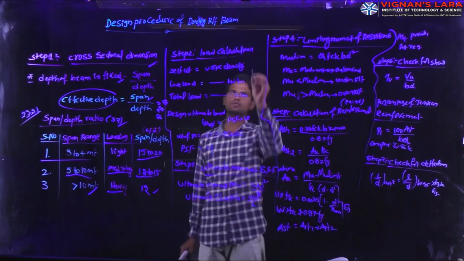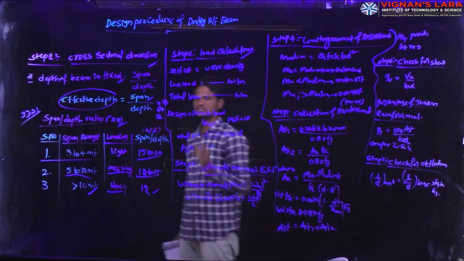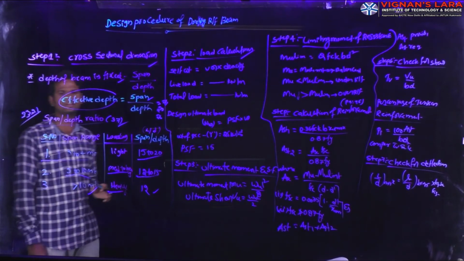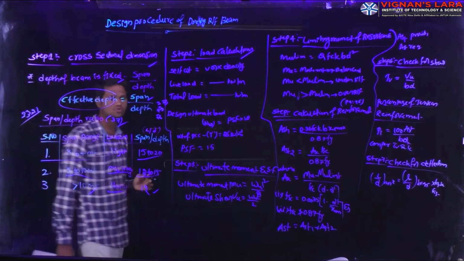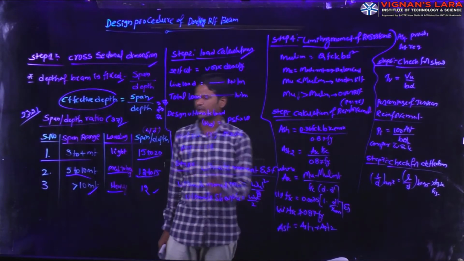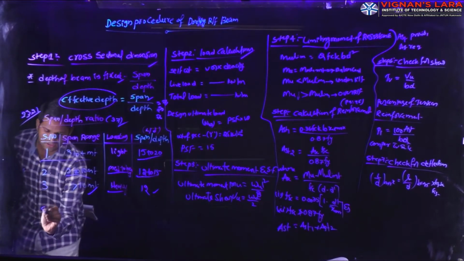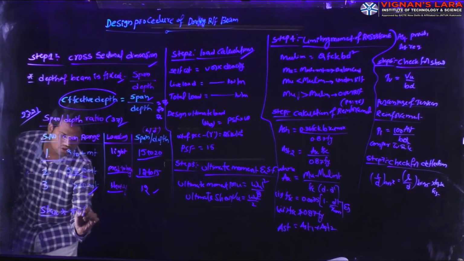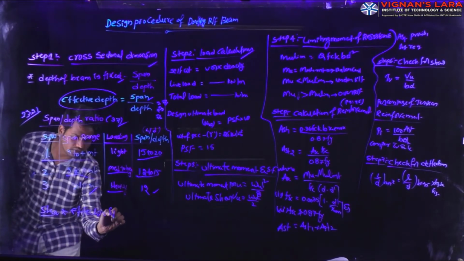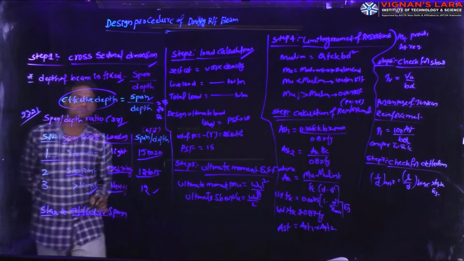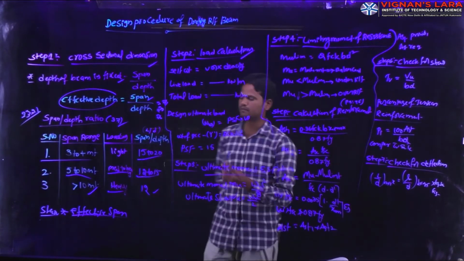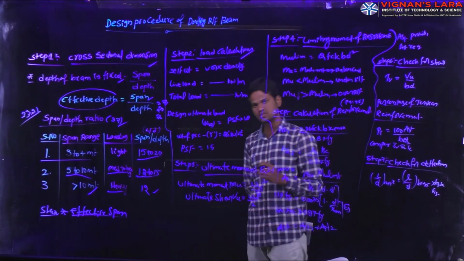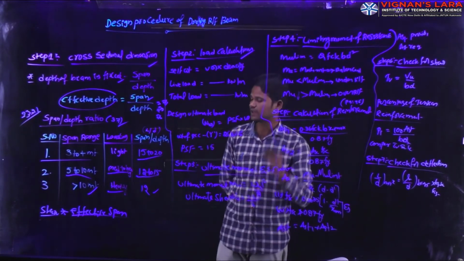And the next step is the loading condition, step number 2. Well, before calculating step number 2, one more step we have, that is nothing but the effective span. Here I didn't mention the point, and you can also mention one more special step, the effective span. The effective span also we have to calculate for this type of problem. Effective span is nothing but the clear span plus the center to center distance between the supports, or the clear span plus the effective depth.